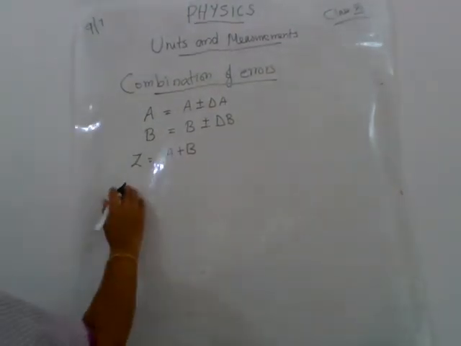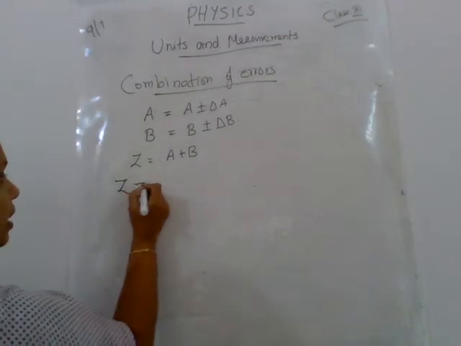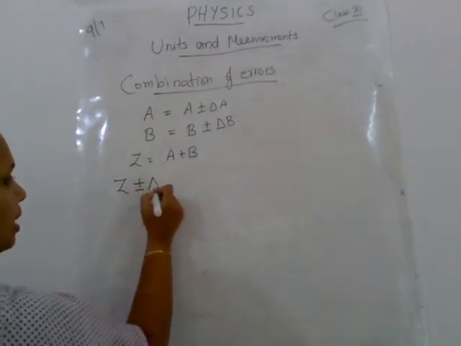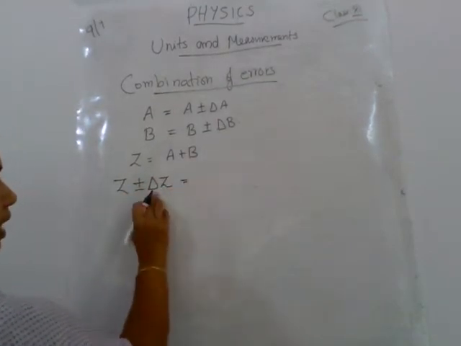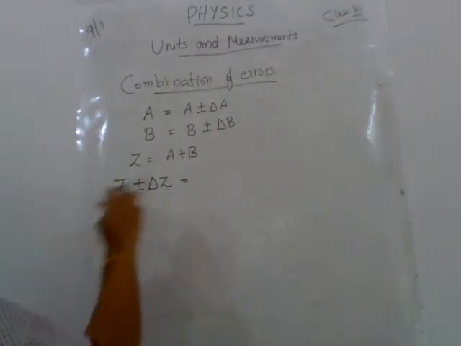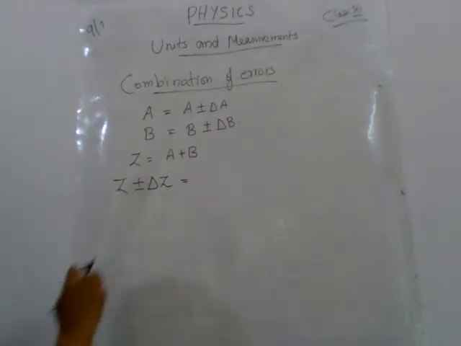Okay. And what is Z? Z we can also write as Z plus or minus delta Z, where delta Z is the mean absolute error in Z. So how is it?